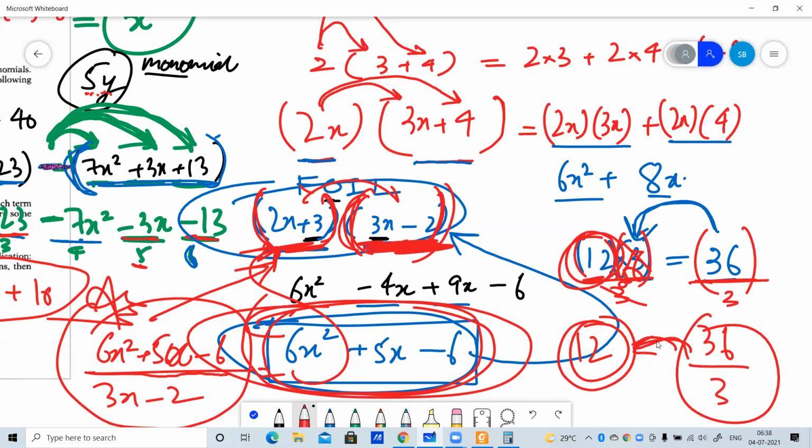But how to do that? That's a different case. But when you divide the polynomial with one of its factors, you will get another factor as the answer. When you divide 36 with one of its factors, maybe 3, you will get another factor as the answer, that's 12. But if you divide it with 12, you'll get another factor as the answer, that's 3.